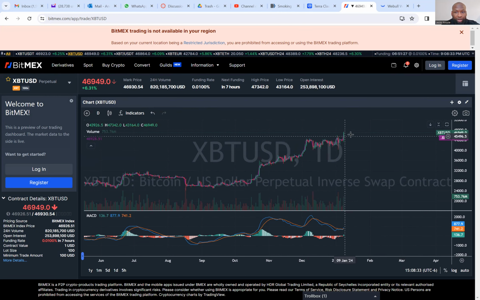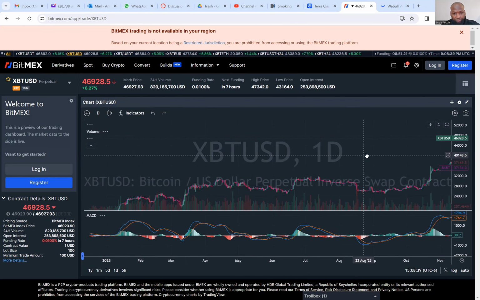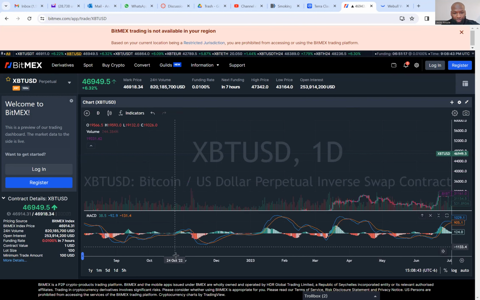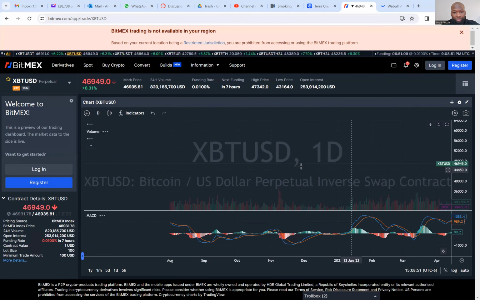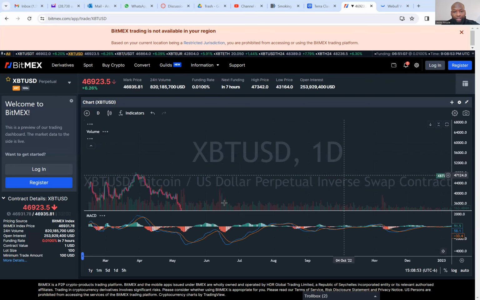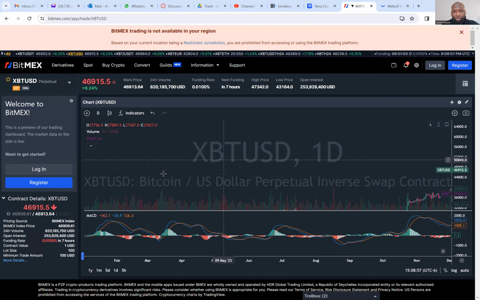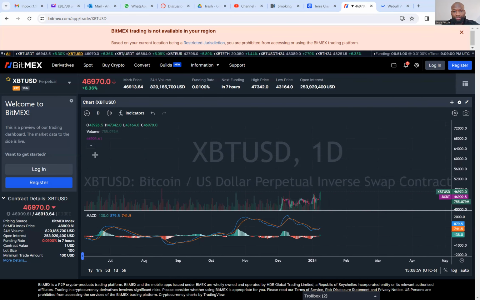Right now, what we're seeing is a daily representation of what's happening with Bitcoin. If we move all the way down here, it tells you the date and the year. This is 2023, this is January 2023, and this is February. We can move this and look at each day, go all the way back, and we'll see why it's important.